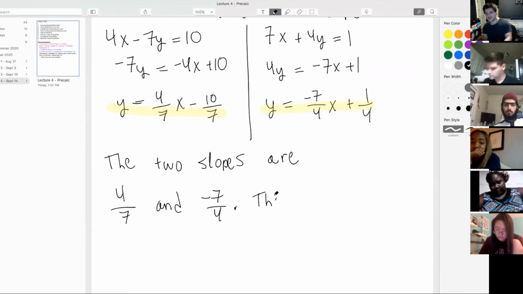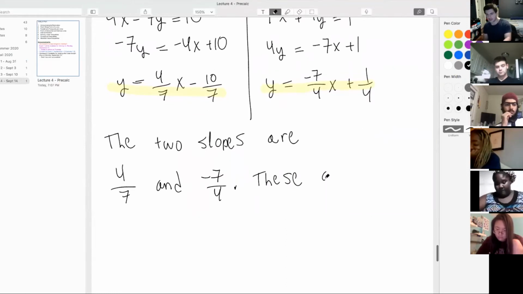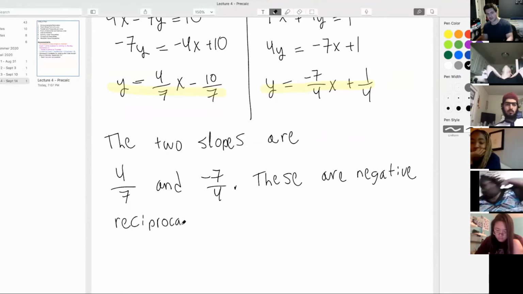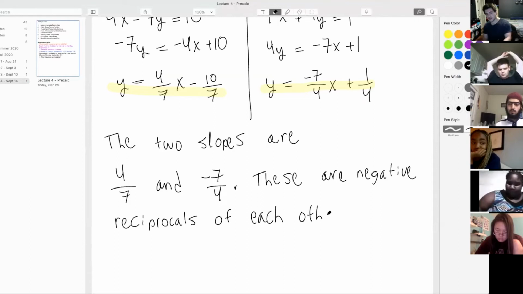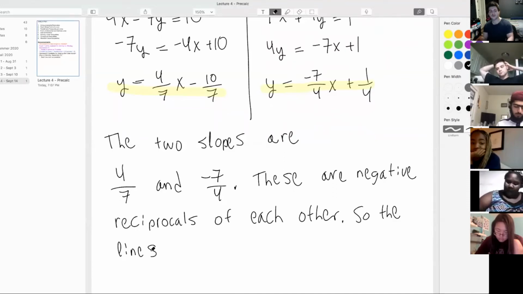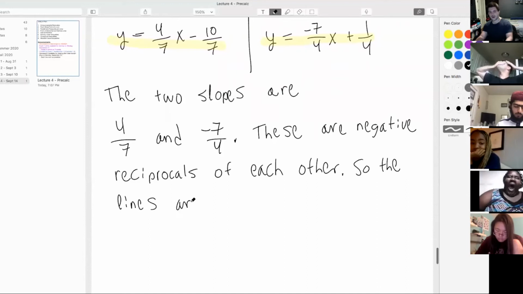You can quickly see that these are negative reciprocals of each other. So the lines are perpendicular. That was our key fact from earlier.